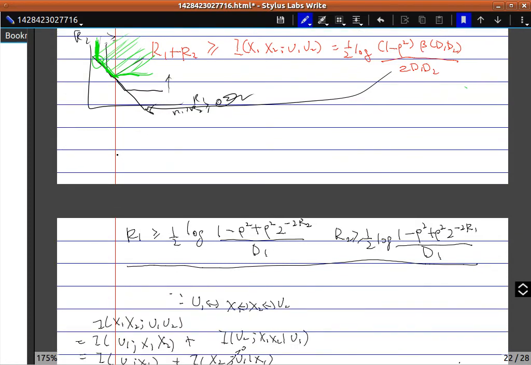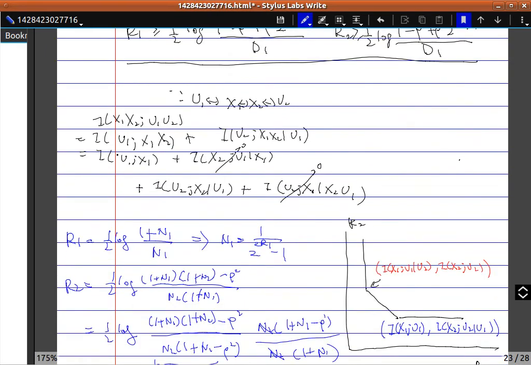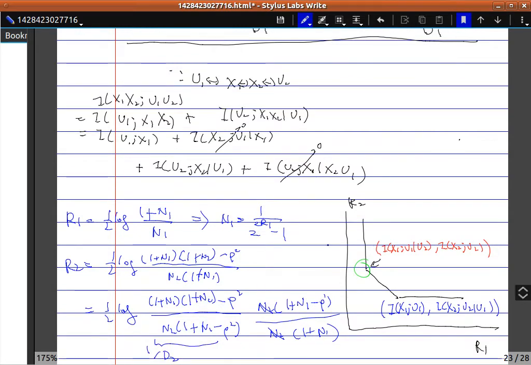What are R1 and R2 at this corner point? For R1, of course, it is touching the bound here. So therefore, R1 should be just equal to this thing here, right?